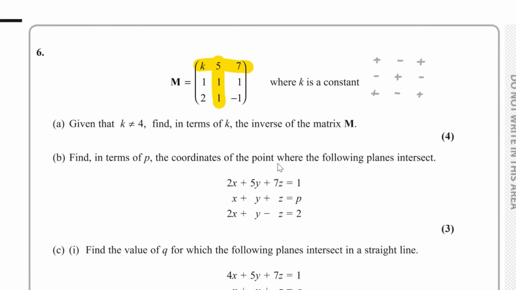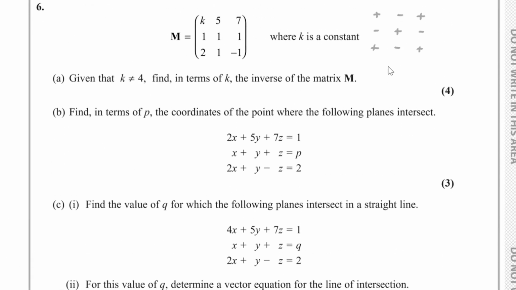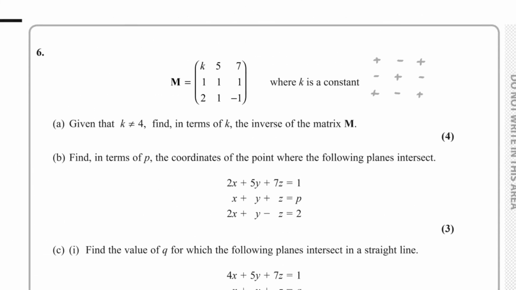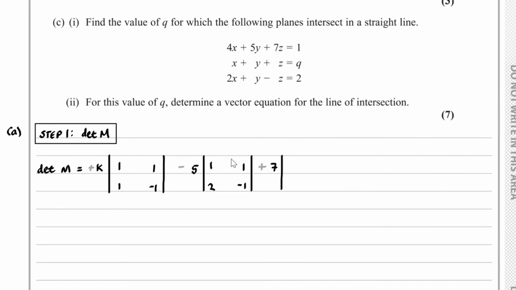And then we take a look at the next element. So the next element is 7, and the sign associated with it is a plus. So here we've got plus 7, and then we take the determinant of whatever doesn't contain that column or that row. So we take the determinant of 1, 1, 2, 1.